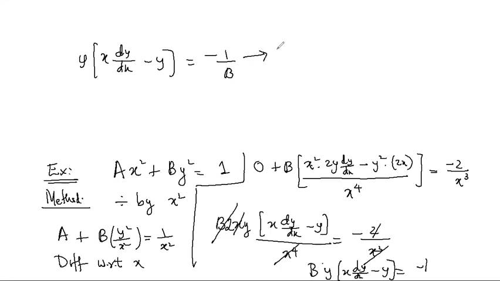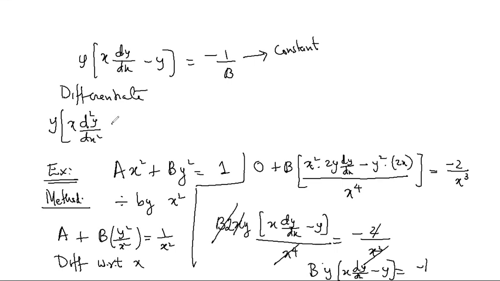Now this is a constant, and it is independent of x. So when I calculate the derivative of this, it will become 0. So now I'll differentiate. I'll again have to apply the product rule. Y into the derivative of this, again product rule, x d square y by dx square plus dy by dx into 1 minus dy by dx.